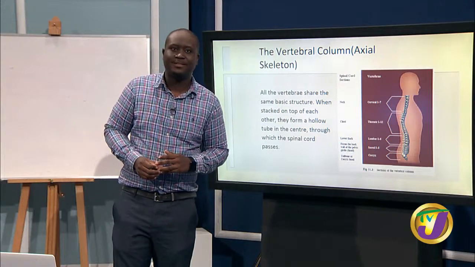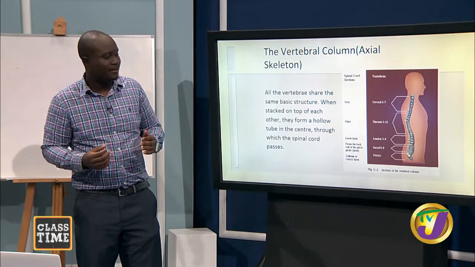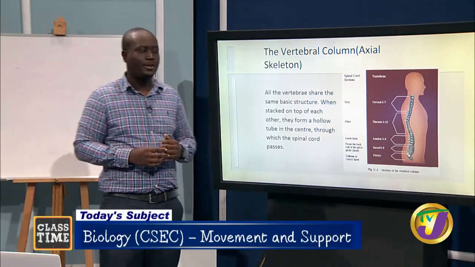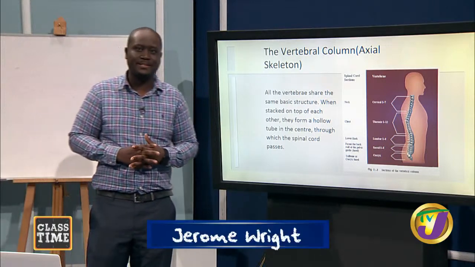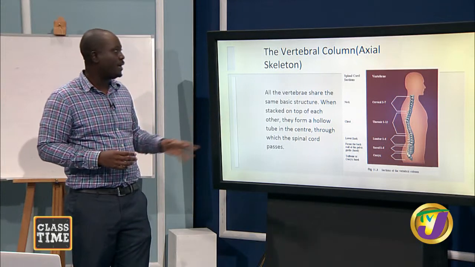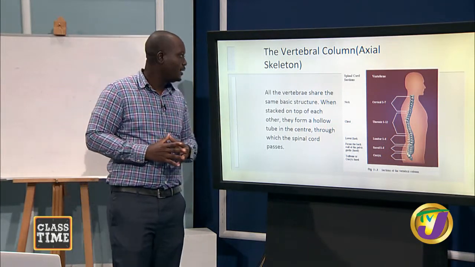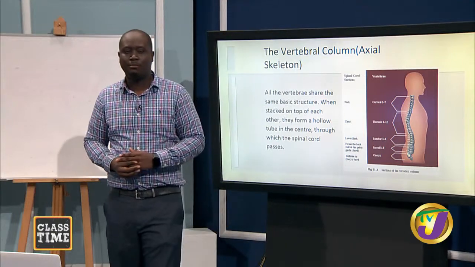Welcome back. This is CSEC Biology, and we are discussing movement and support. And before we went for the break, we were looking at the different parts of the axial skeleton. We looked at the cranium, and we are now at the vertebral column. And we said that the vertebral column is made up of 33 bones.